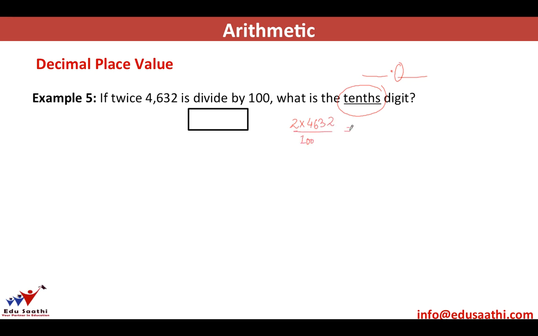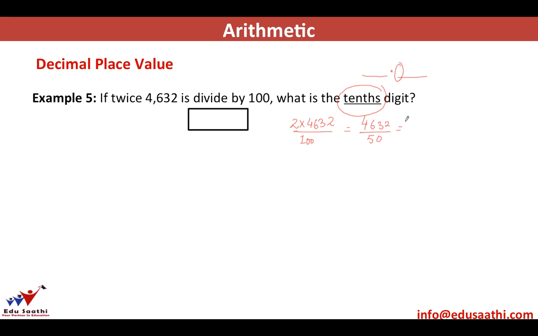You can do the actual multiplication if you want to, as a calculator is available to you, or you can cancel some things out and it will be 4632 divided by 50. If you can actually divide these numbers, very good. If you cannot, there's no need in this exam because a calculator is available.